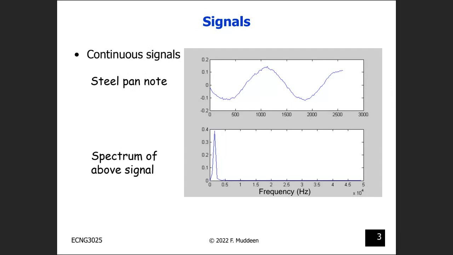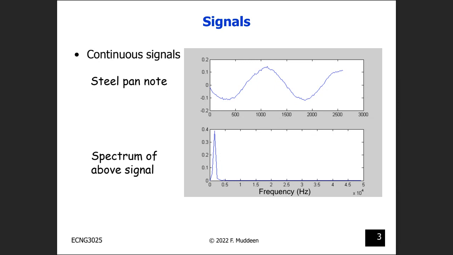Continuous signals are signals that exist for all time, right? Like I have there, that's a particular steel pan note. This is its variation. The top figure is a variation in time. The bottom figure is a variation in frequency.